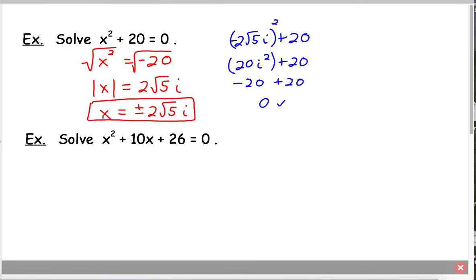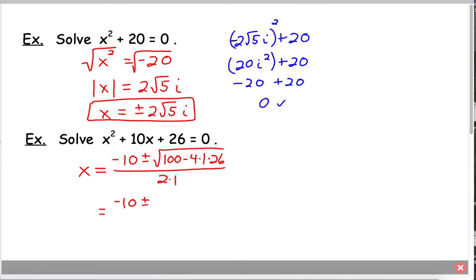Well, the method that always works, because factoring doesn't always work, is the quadratic formula. So x is going to equal the opposite of b, which is negative 10, plus or minus the square root of b squared, which will be 100, minus 4 times a times c, all over 2 times a. So now we can simplify this.